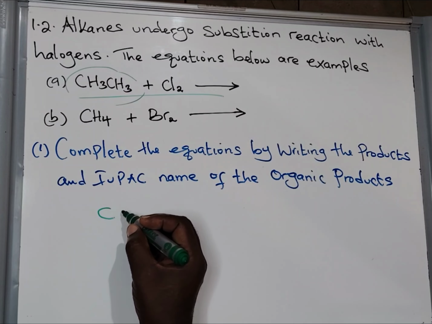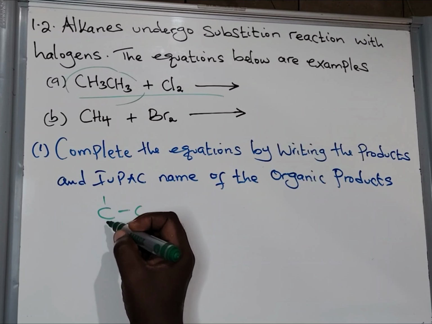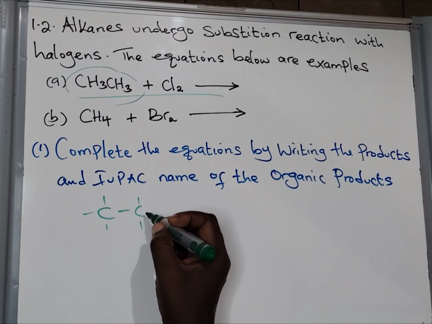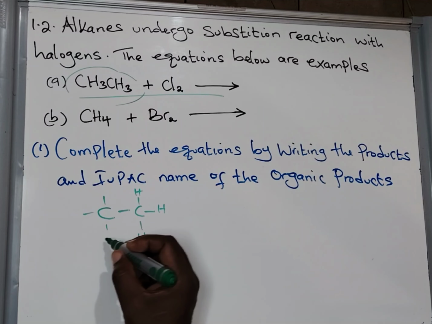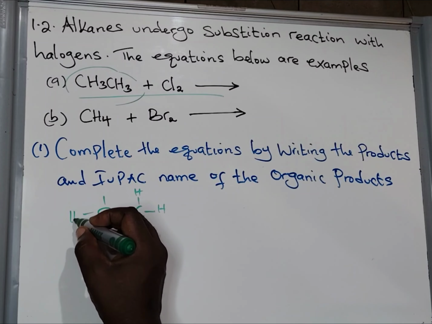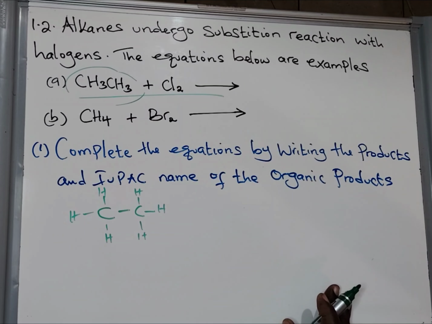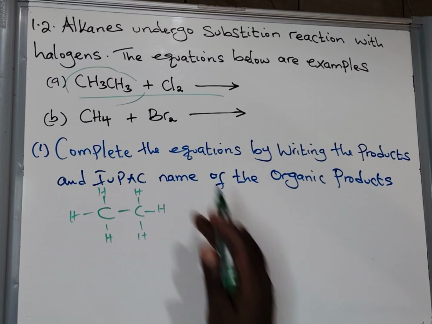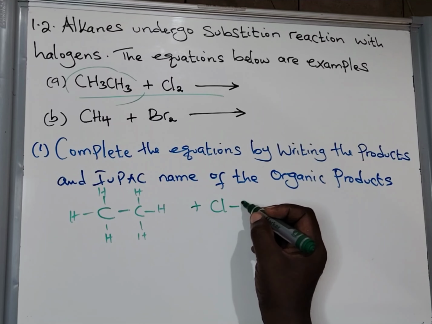You have one carbon linked to another carbon because there are two. Then around it, you have hydrogen. This is the structural formula which represents that molecule. What comes next is going to be our chlorine.